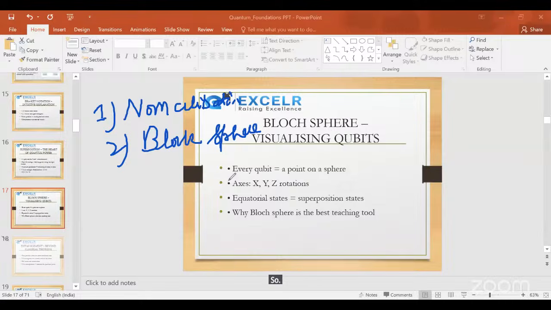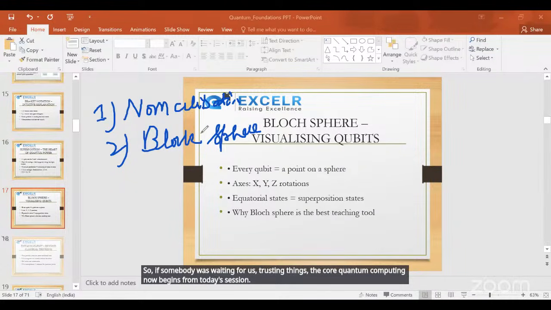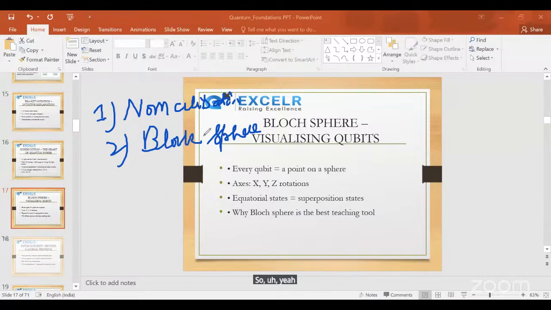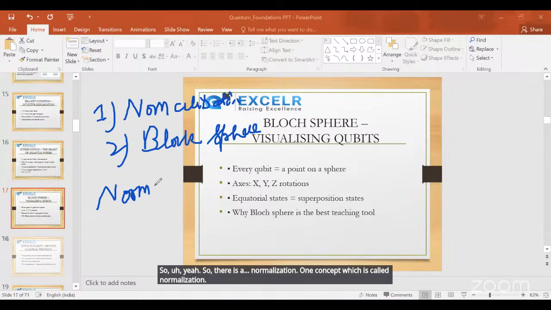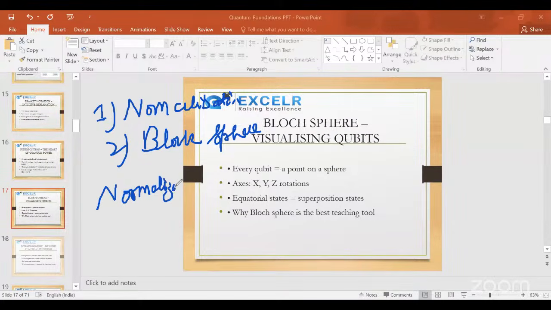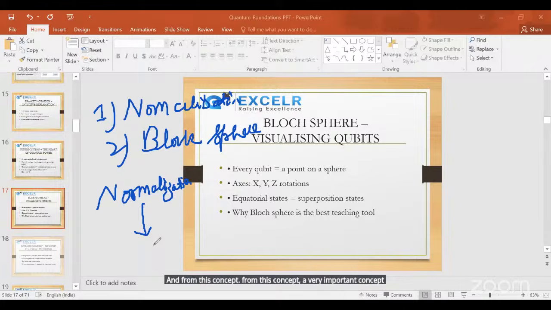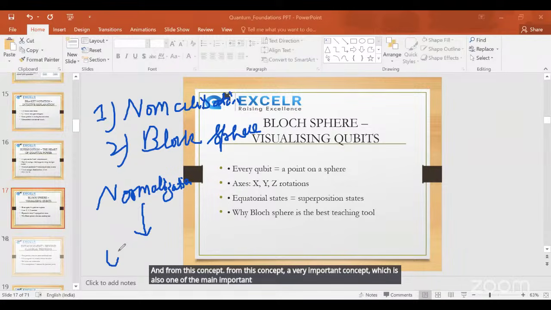If somebody was waiting for interesting things, the core quantum computing now begins from today's session. There is one concept called normalization, and from this concept, a very important concept, one of the main pillars, called unitary transformation, will begin.